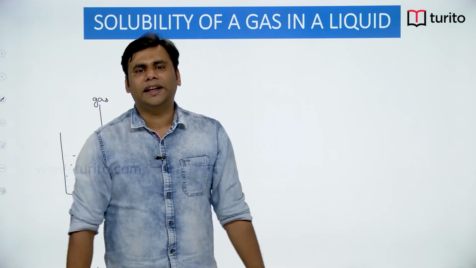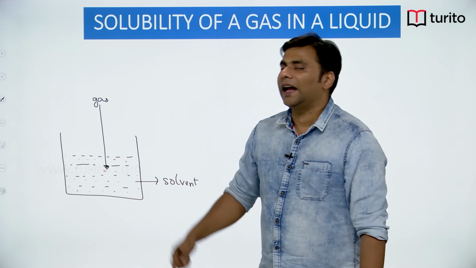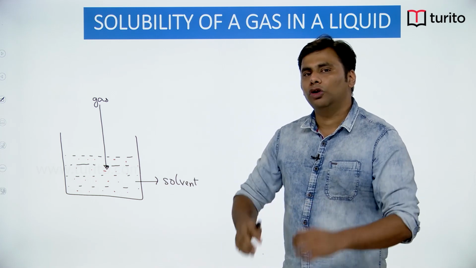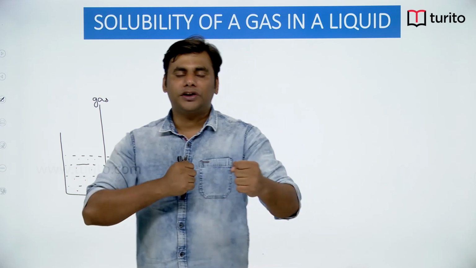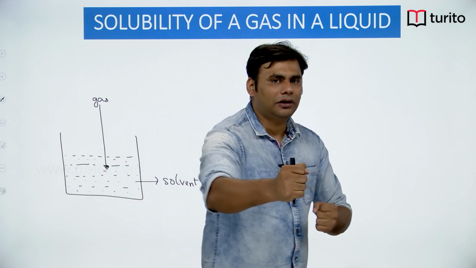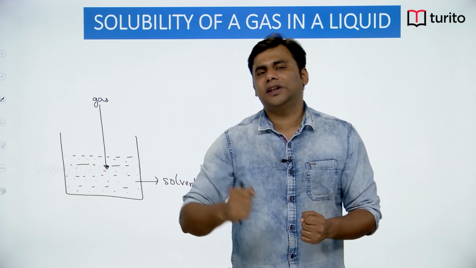Now when you dissolve that gas in liquid, its motion would be restricted. The gas cannot move freely because there is a viscous medium which is stopping it from moving. The liquid is basically offering a drag due to which the gas cannot move.